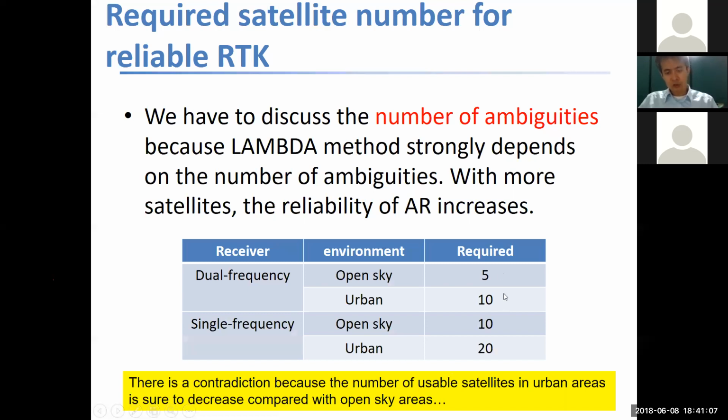So there is a contradiction, unfortunately. In open sky conditions, we usually have GPS, QZSS, Beidou, maybe in Asian countries, more than 20, 25. So 5 should be okay. But urban area 10 is maybe 80% or 70%. So there is a contradiction.